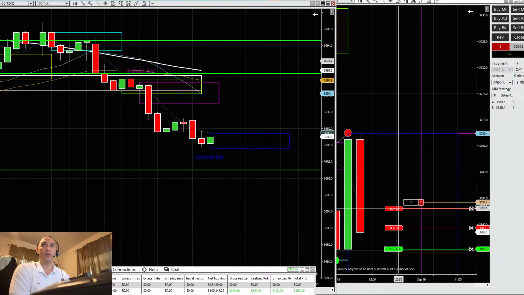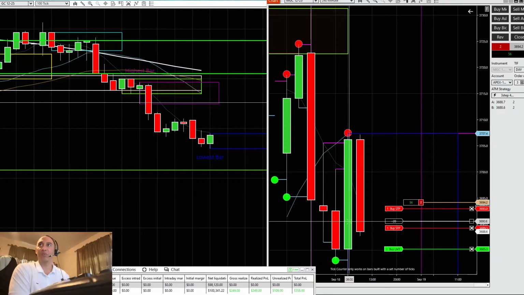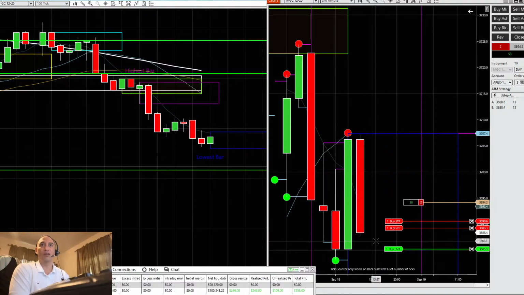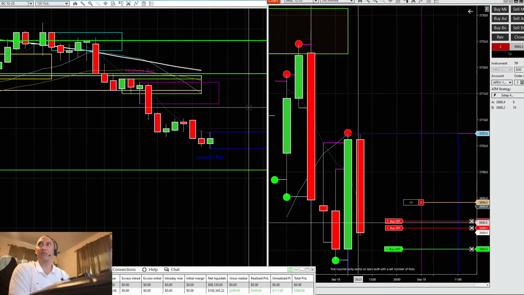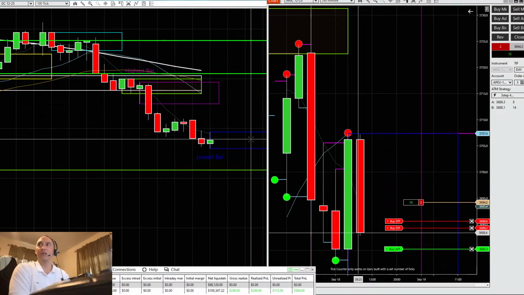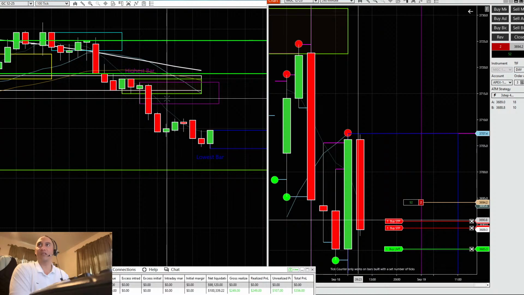Kind of want to put it, it's probably going to manipulate the high of this right here. So this purple box is probably good. We'll hide it up in this area right here, behind this last wick, which most likely, if it comes to fill this gap right here, it's going to come past that stop anyways.